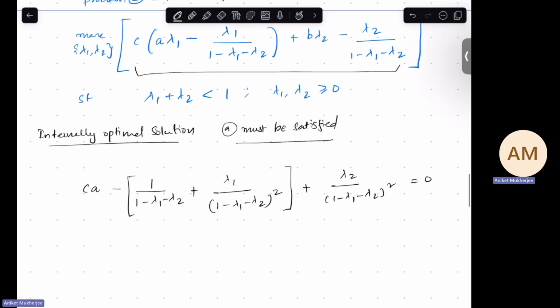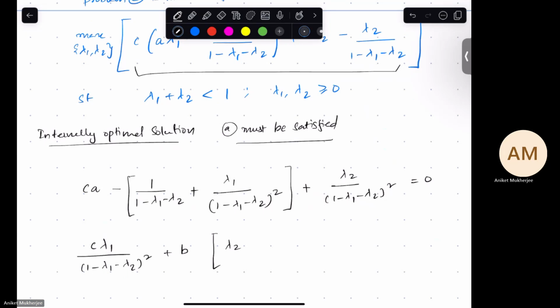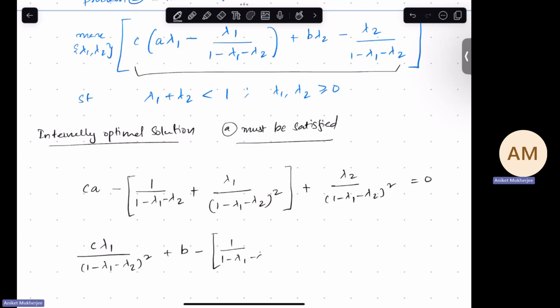Similarly, if we take the derivative with respect to lambda 2, we have C lambda 1 by (1 minus lambda 1 minus lambda 2) whole square plus B minus 1 by 1 minus lambda 1 minus lambda 2 plus lambda 2 by (1 minus lambda 1 minus lambda 2) whole square.